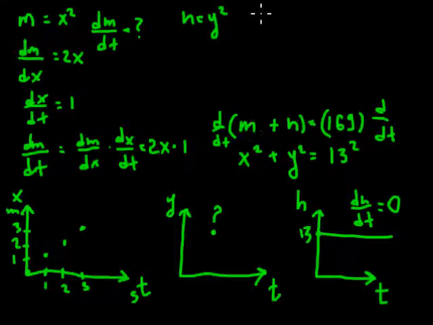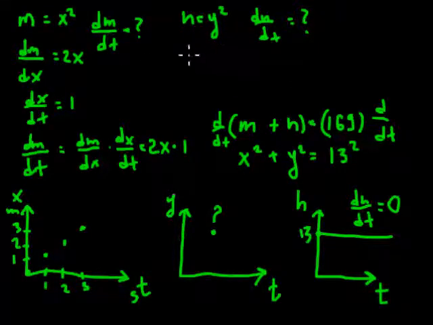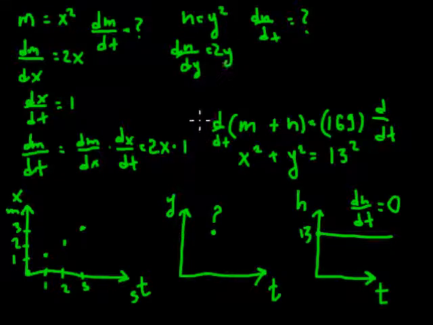We're going to do exactly the same thing as we did here. We use the chain rule, and we find dn/dy equals 2y. Remember, y is a function of time, but we do not know what this function is, some kind of function, dy/dt.